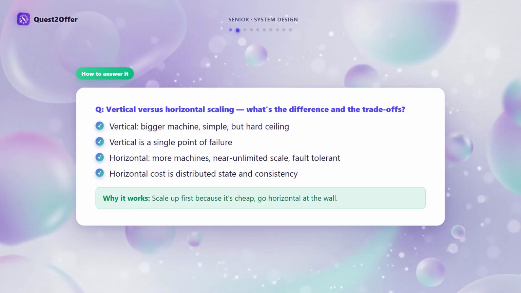It's simple with no code changes, but it has a hard ceiling and a single point of failure. Horizontal means more machines behind a load balancer, near unlimited scale and fault tolerance, but now you handle distributed state and consistency. Most systems scale up first because it's cheap, then go horizontal once they hit the wall.